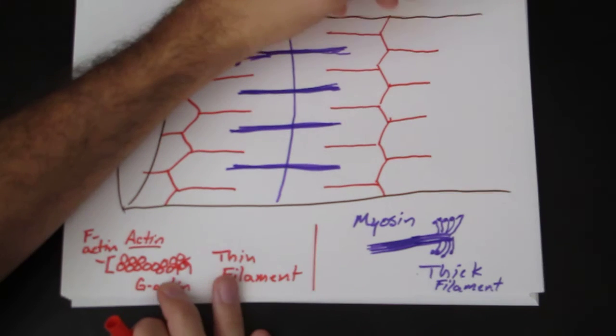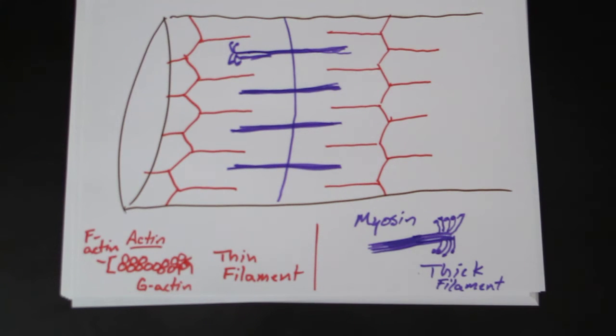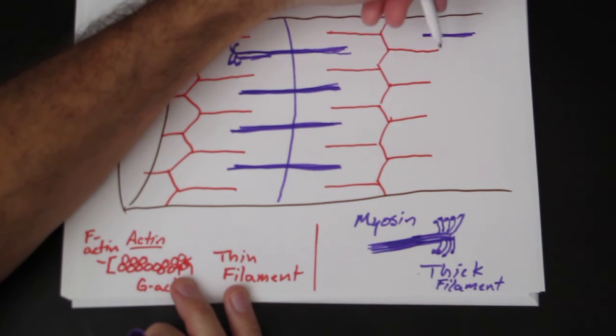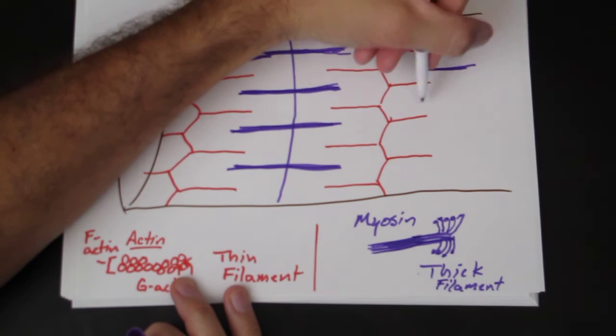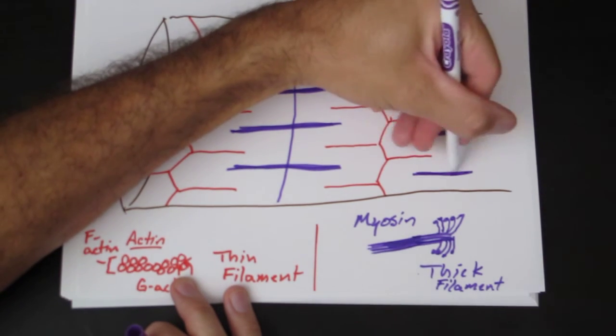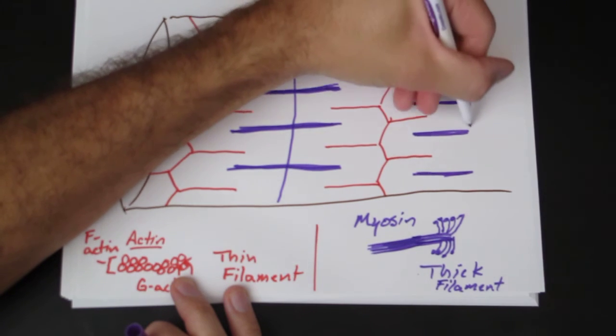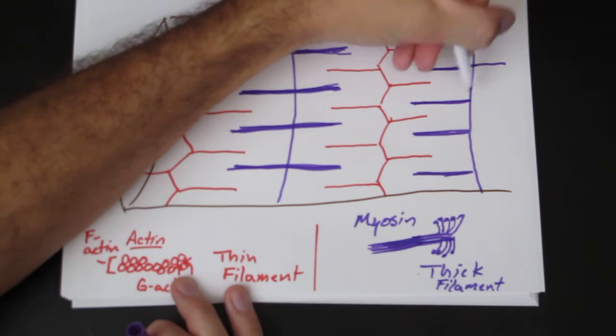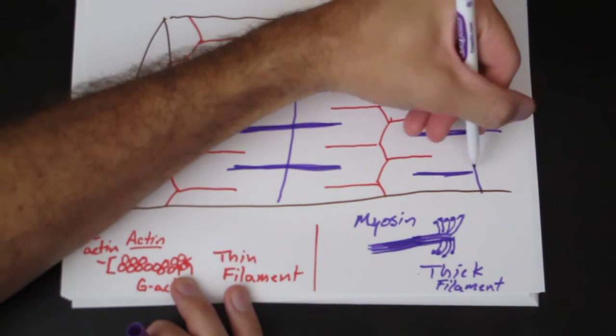All right, and then we keep going with this. We would have our thick filaments over here on this end. Go from there, going this way, and so on and so forth.